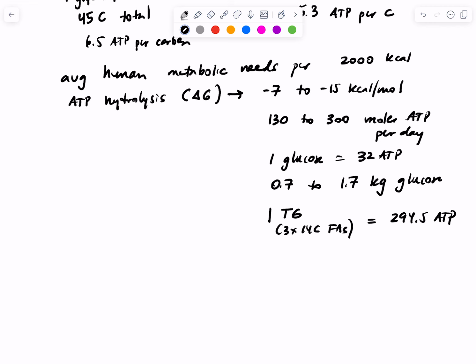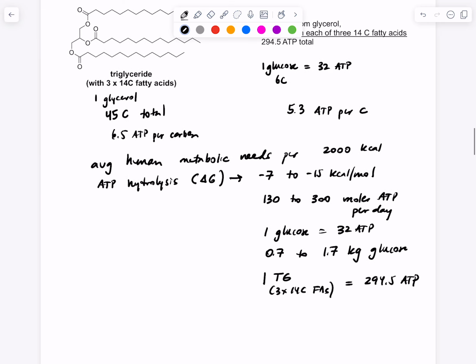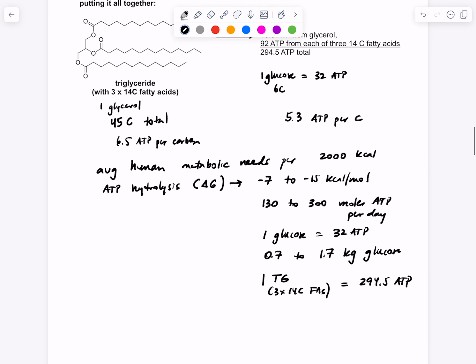If you calculate the molecular weight of the triglyceride that I've shown you above and do the math, it ends up being 0.32 to 0.74 kilograms of the triglyceride.